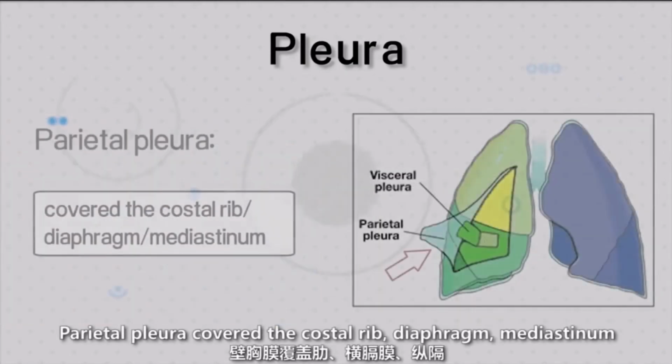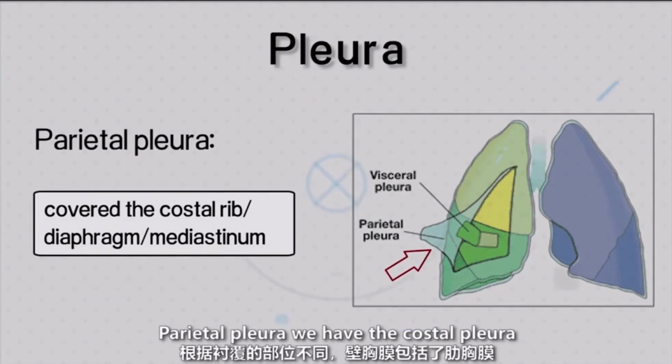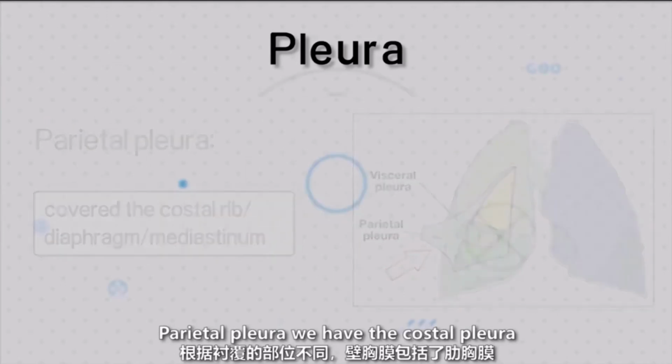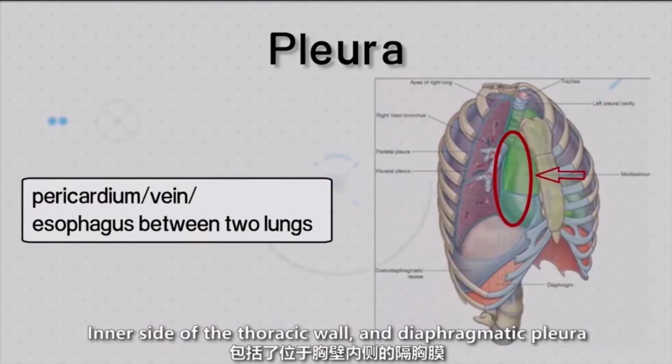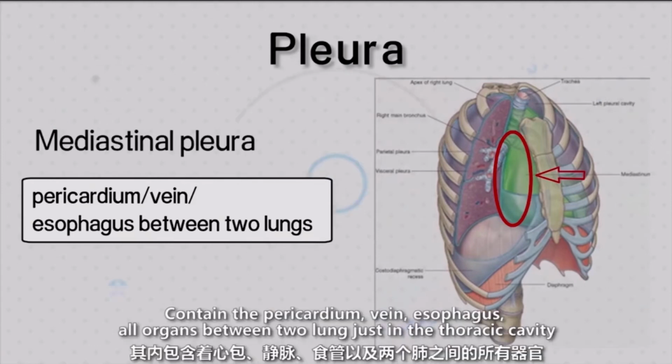The parietal pleura covers the ribs, diaphragm, and mediastinum. We have the costal pleura on the inner side of the thoracic wall, the diaphragmatic pleura above the diaphragm, and the mediastinal pleura, which contains the pericardium, aorta, vein, esophagus, all the organs in the thoracic cavity.